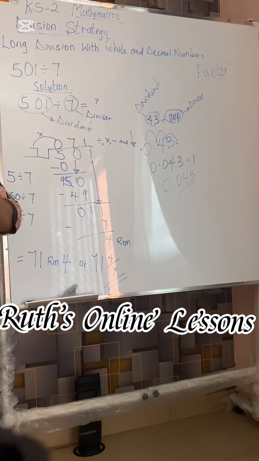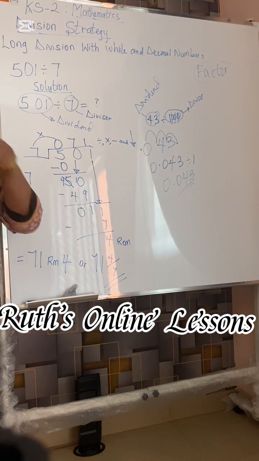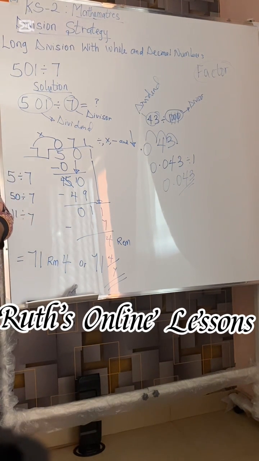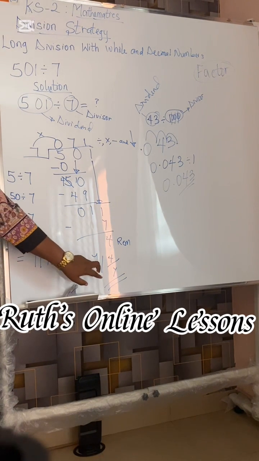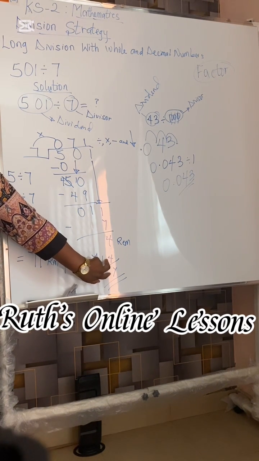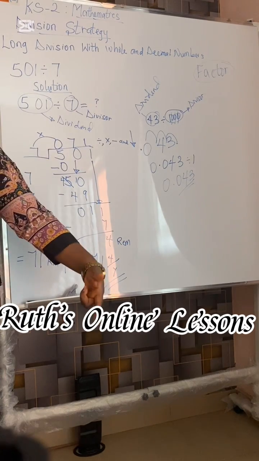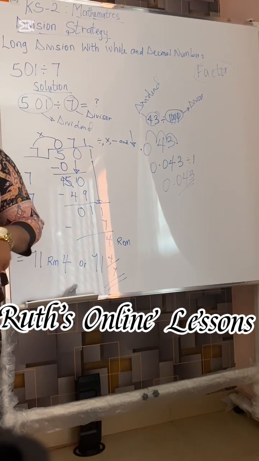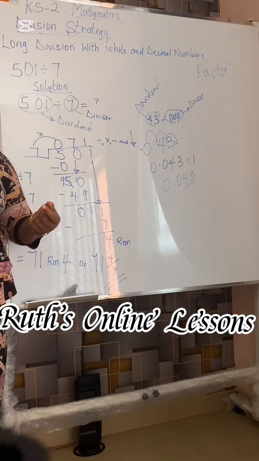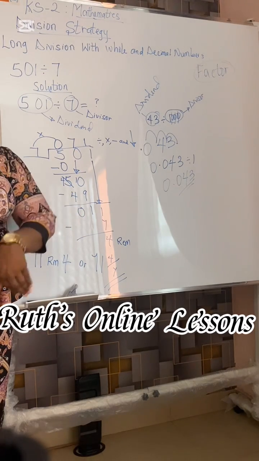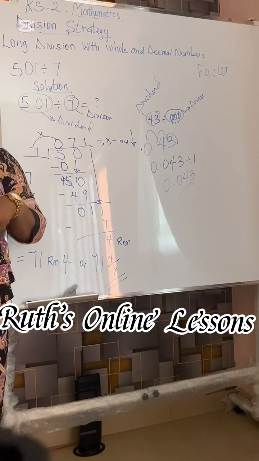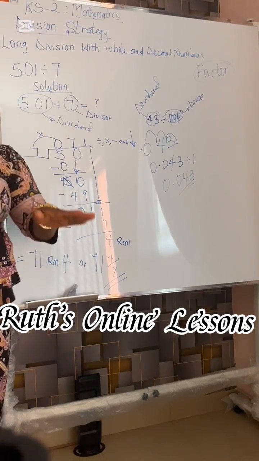But I'm going to do a separate video to teach my Key Stage 2 learners how to turn fractions like this to decimal using long division method. Because there are several ways that you can turn different kinds of fractions to decimals. But long division is a method that works for any kind of fraction.